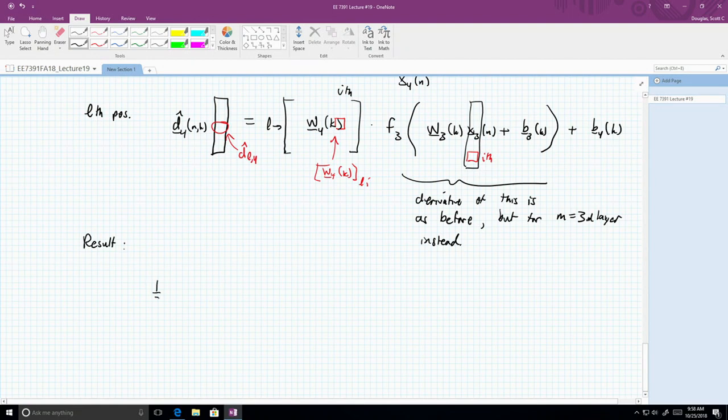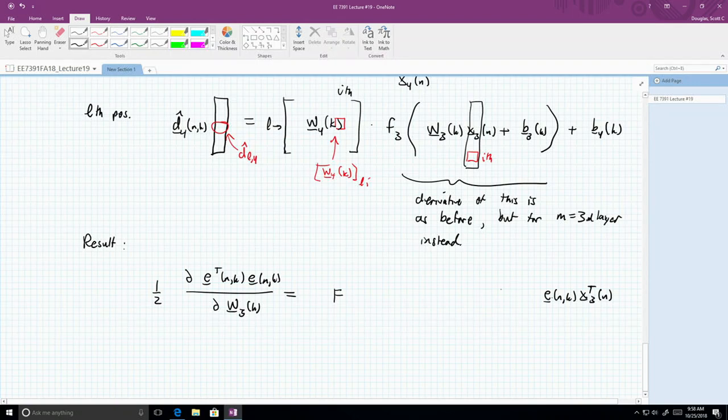So the result is the derivative of E transpose NK, E NK with respect to W3 of K. That's going to equal, actually starting over here, it's going to equal E NK times X transpose 3N, that's going to show up.